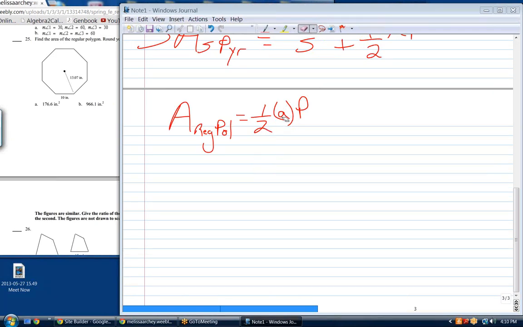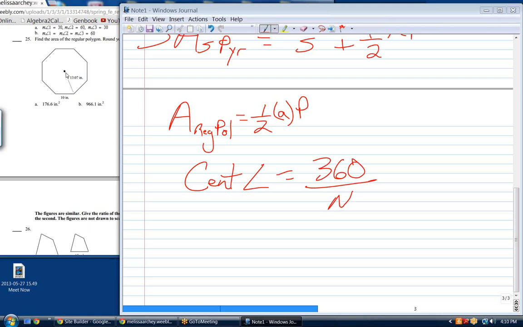Always. We have to find that central angle in order to be able to calculate the apothem. Wouldn't it just be 8 then? Central angle is always 360 divided by the number of sides you have.